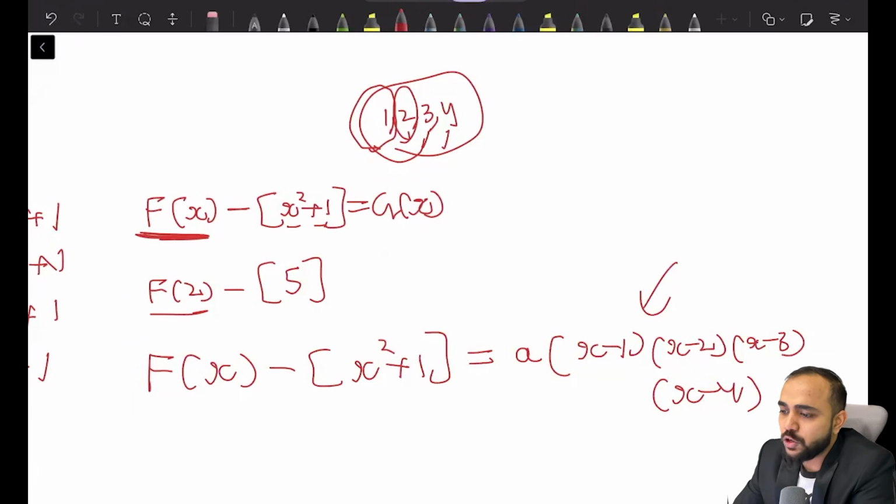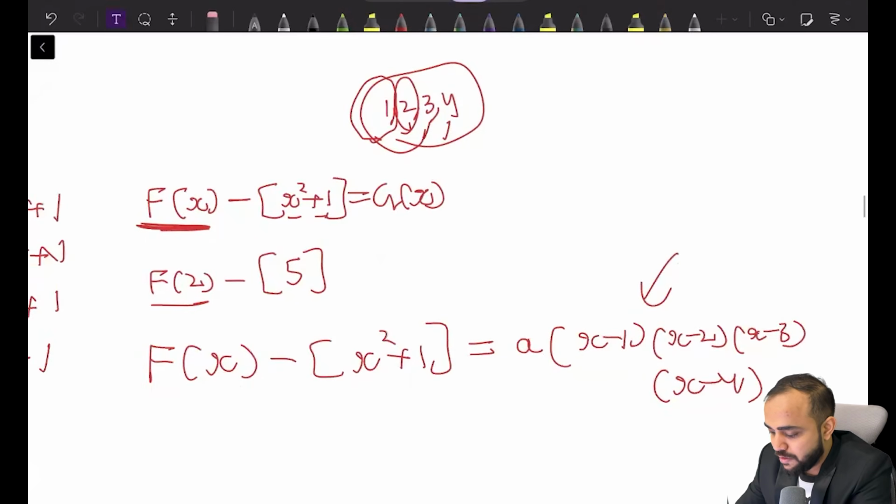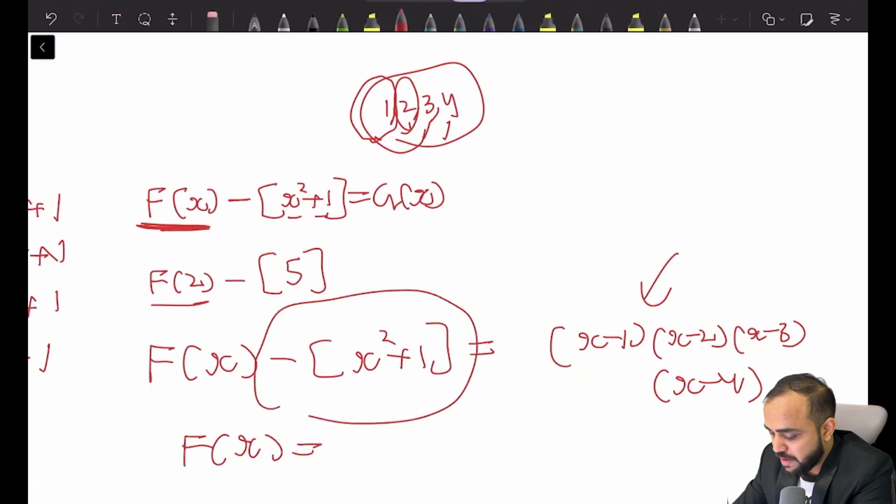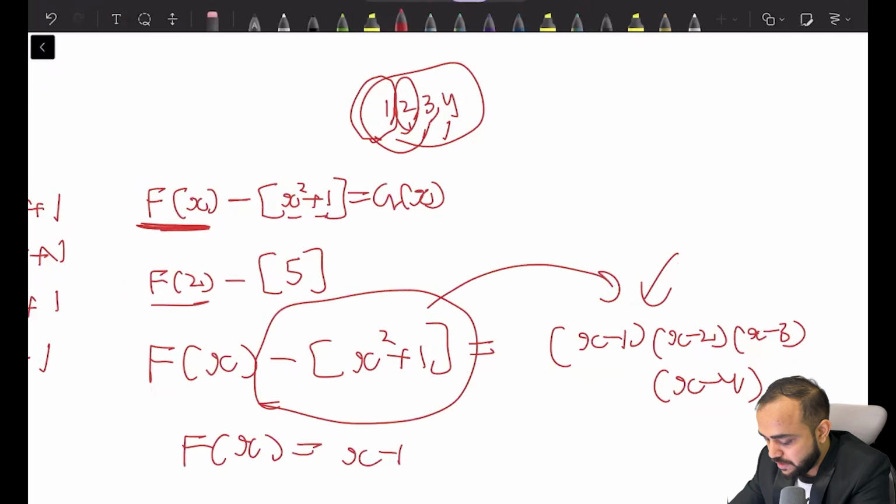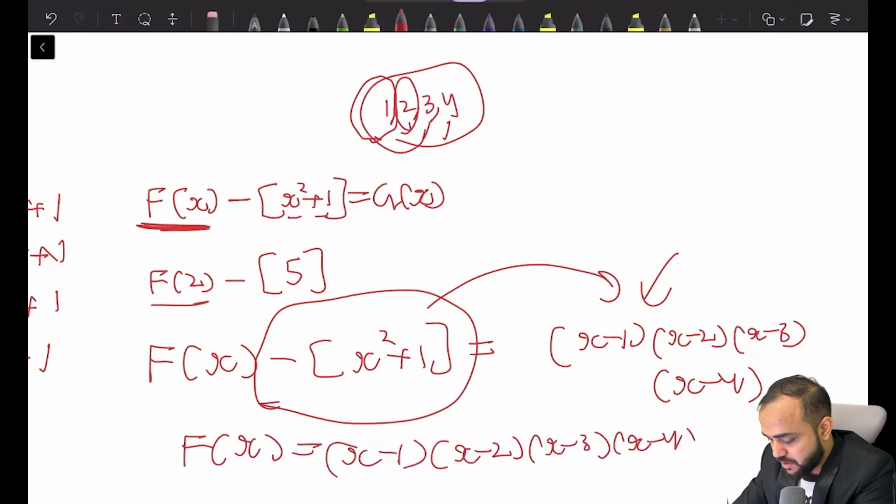And they will probably tell you that the leading coefficient of x⁴ in f(x) is 1, which would mean that a is 1. So now have you managed to find f(x)? Now you take this − (x² + 1) to the other side, you will get this as the expression for your f(x). Clear?